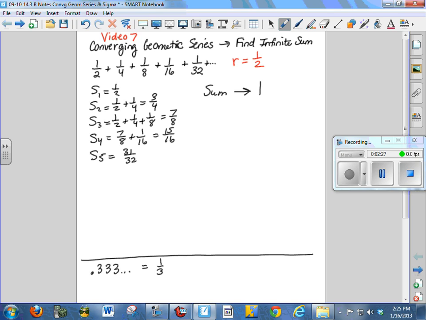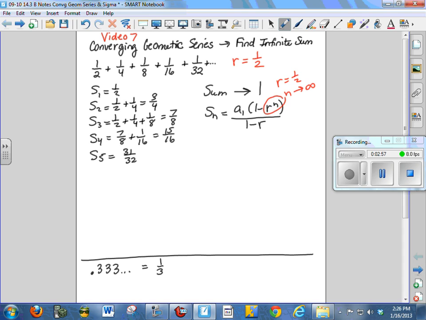So let's take a look at our sum formula. We have the sum formula that says S sub n is equal to a sub 1 times 1 minus r to the n, over 1 minus r. Well, let's think what happens to this term right here if r is 1/2 and n is very big, as n goes to infinity.